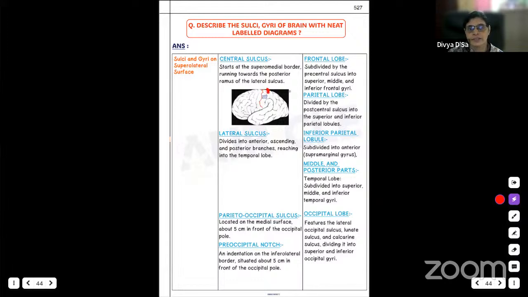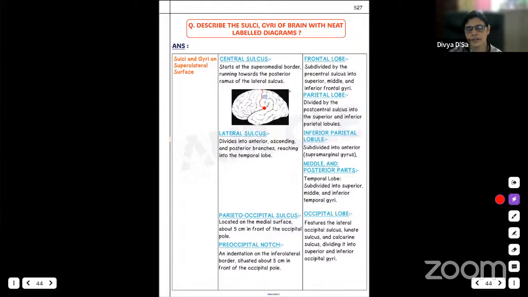The central sulcus we see at the superomedial border. If we take the midpoint from the frontal pole to the occipital pole, just behind the midpoint we have the central sulcus. It starts here and runs downwards towards the posterior ramus of the lateral sulcus.